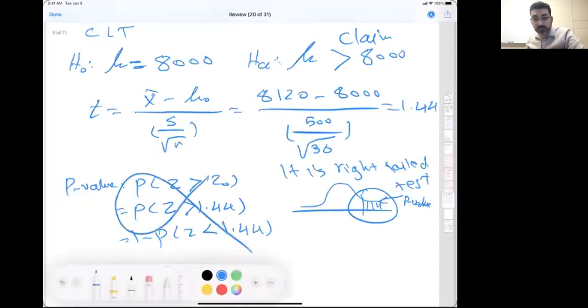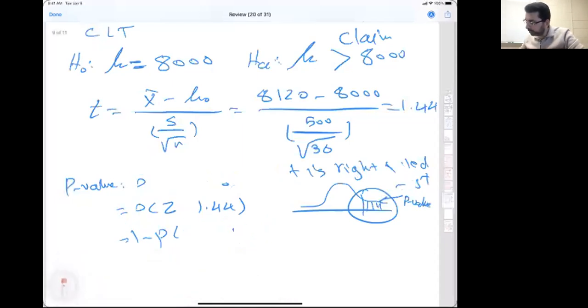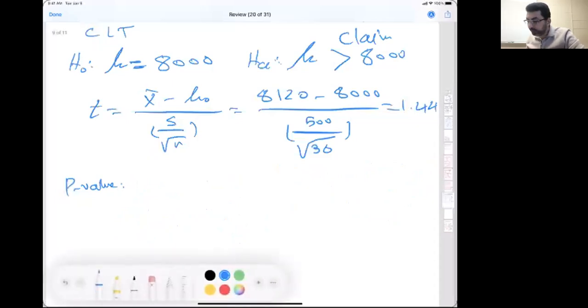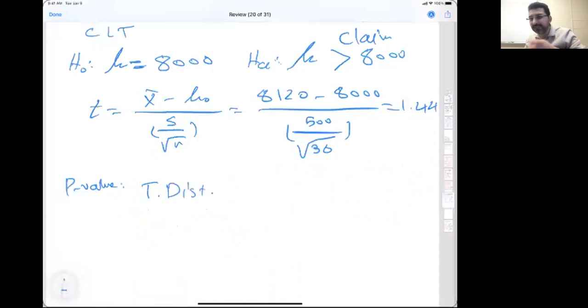The right thing is to use the Excel function to find the p-value in this case. This function will be T.DIST.RT, because this is a right-tail test.